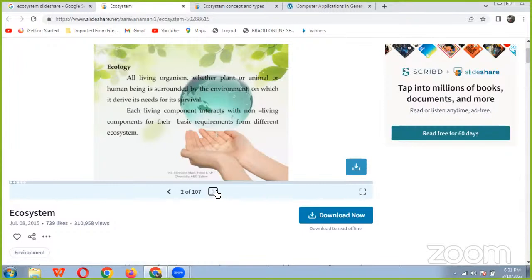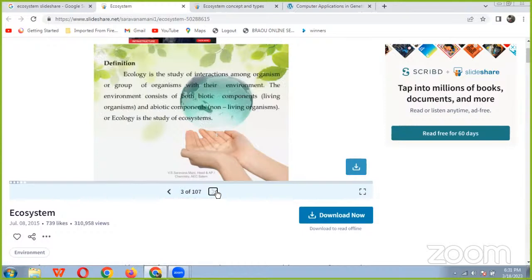Ecology means all living organisms, whether plants, animals, or human beings, are surrounded by the environment. Mainly, living organisms, plants and animals, are surrounded by the environment, which they need for survival; this is also ecology. The main definition of ecology: the interaction among organisms or groups of organisms, especially with their environment.